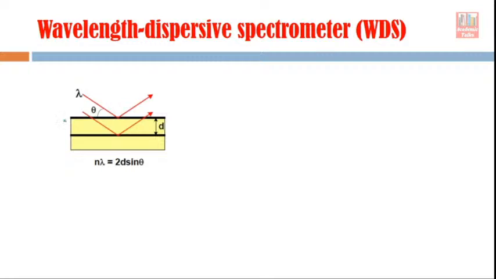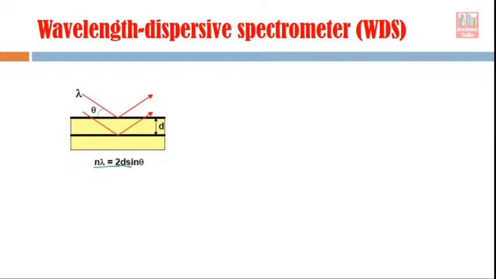You know that in this crystal structure there is an atomic layer, and this is a second atomic layer, and d is the spacing between the two atomic layers. If X-rays, or a signal having wavelength lambda, fall on it, then the radiations are diffracted, and they follow Bragg's law.